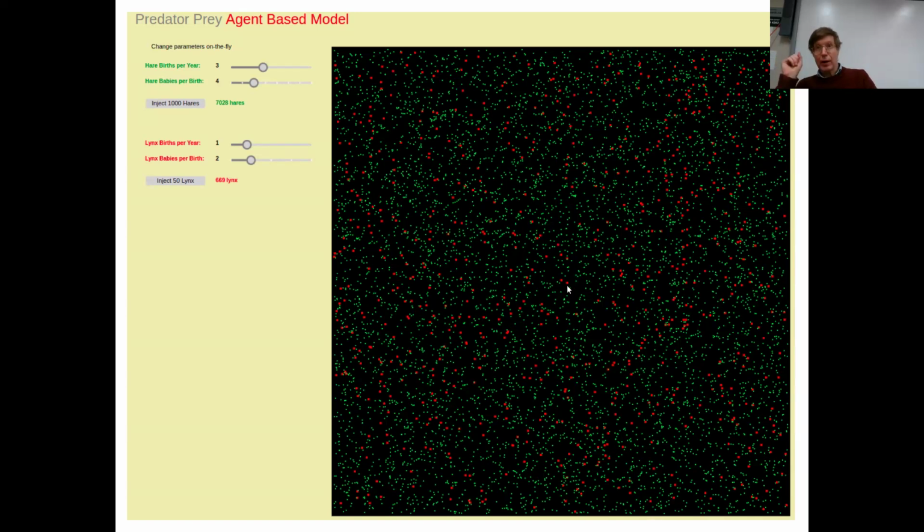The predators move around, chasing the prey, and the prey move around. And when a predator comes into contact with the prey, it does not end well for the prey, and they eat the prey, and they get some energy, which allows them to be sustained. If they go for a certain amount of time and they can't catch a prey, the predators will die, and there are births and deaths on a regular basis of each population.